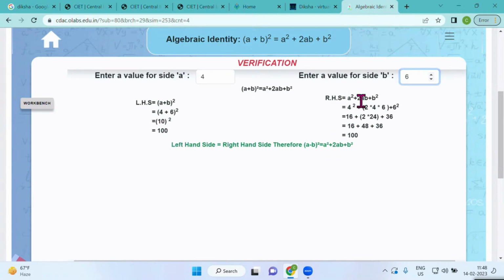When we put the same values on the right hand side, a square plus 2ab plus b square, we get the answer 100. So left hand side equals the right hand side, therefore (a plus b) whole square equals a square plus 2ab plus b square.